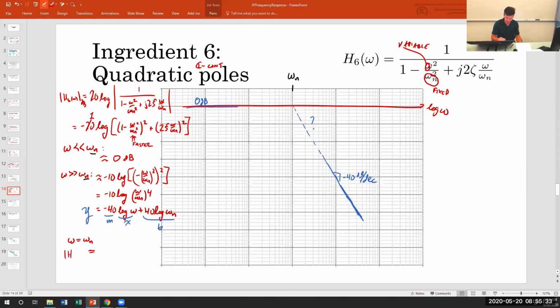The magnitude of H6 in dBs is negative 10 log 1 minus 1 squared plus 2 zeta times 1 squared. Okay, so that goes away. And I can pull the square out. So this looks like negative 20 log 2 zeta.